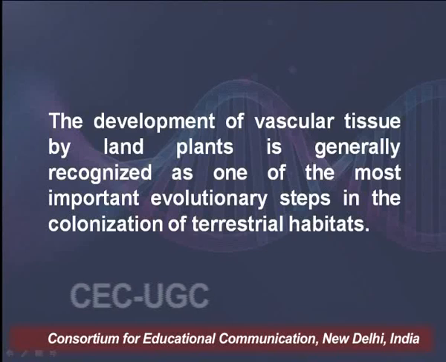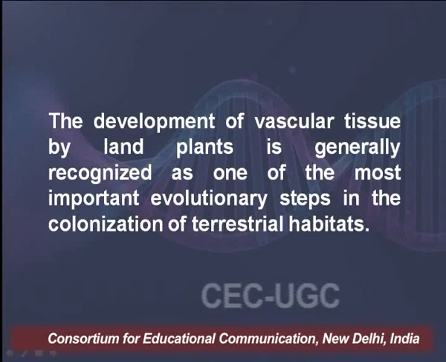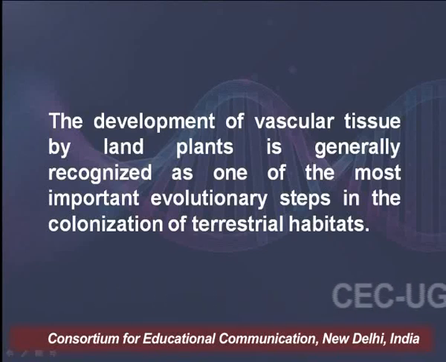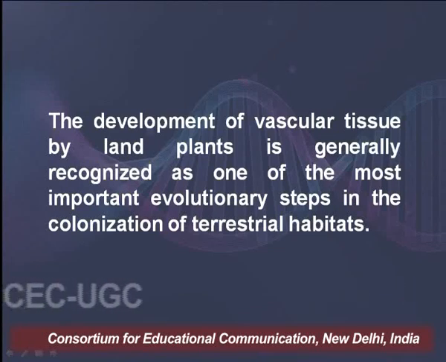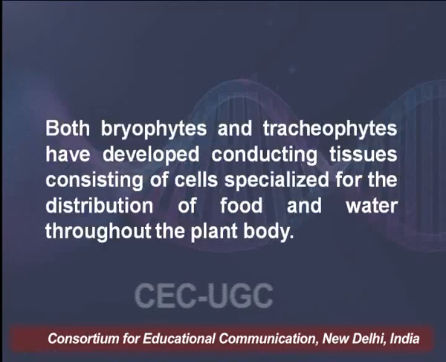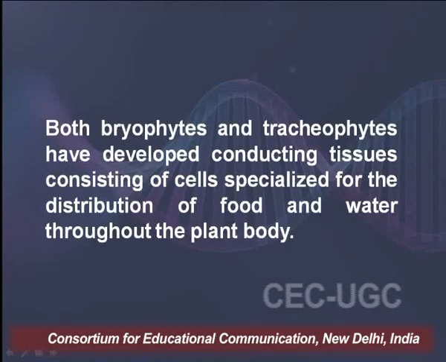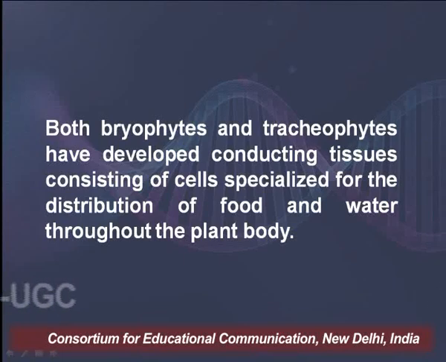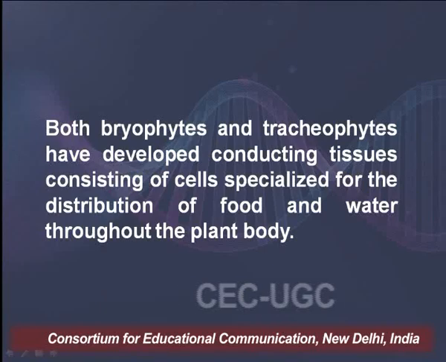The development of vascular tissue by land plants is generally recognized as one of the most important evolutionary steps in the colonization of terrestrial habitats. Both bryophytes and tracheophytes have developed conducting tissues consisting of cells specialized for the distribution of food and water throughout the plant body.